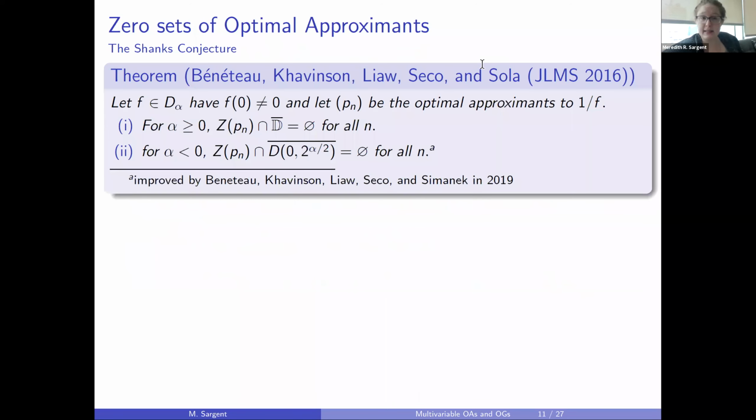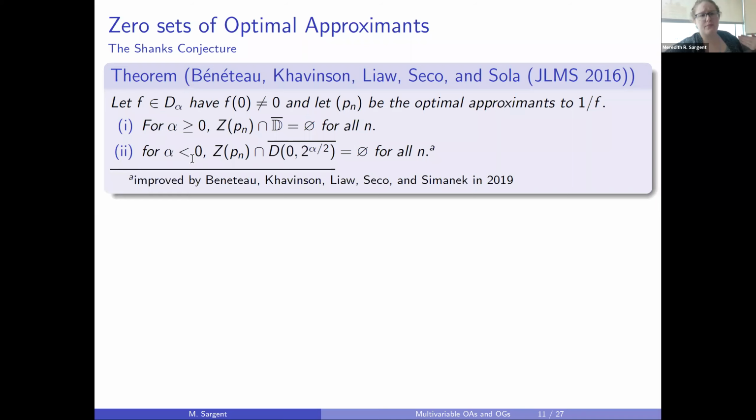Now, in the disk, in the one variable case, Benito, Havenson, Liao, Secco, and Sola in 2016 showed that in the one variable case, in the Hardy space and other non-negative alpha, as long as f of 0 is not 0, then the optimal approximants will be zero free inside the closed disk.